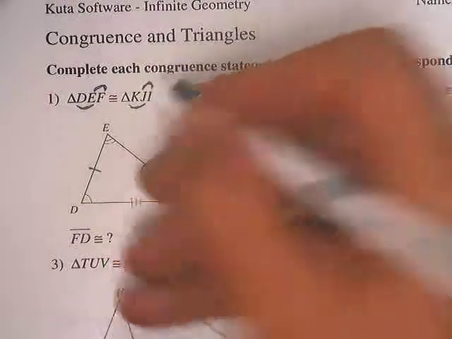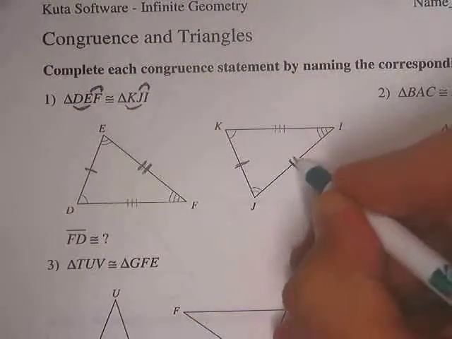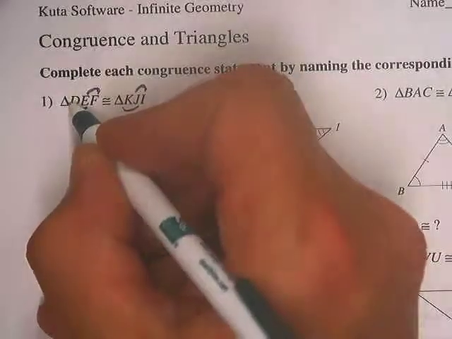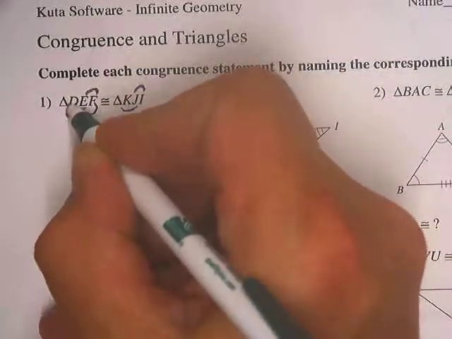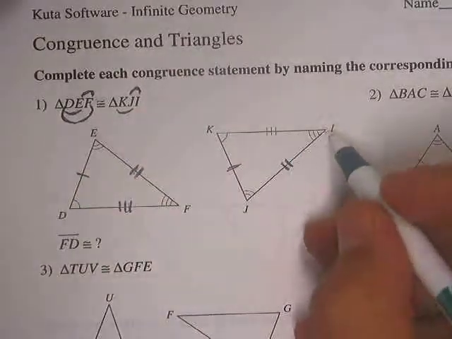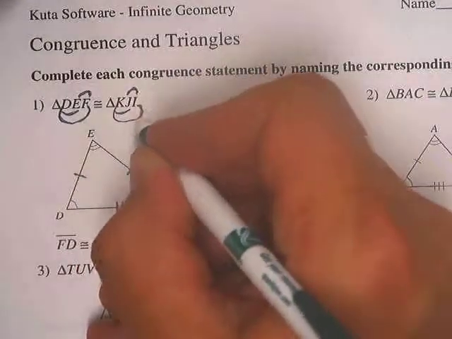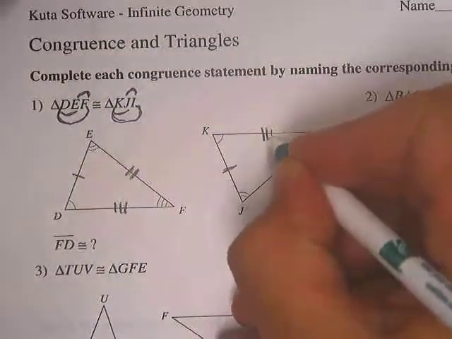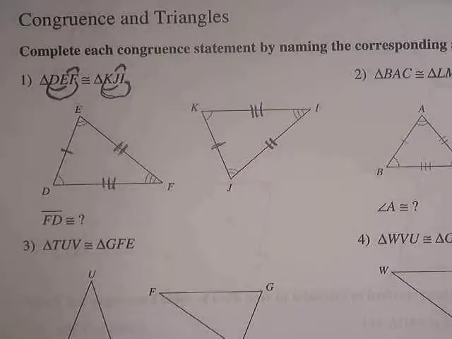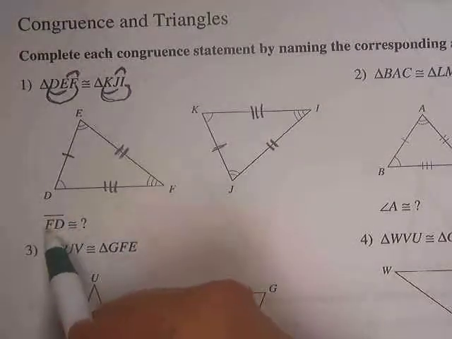See how that's in the next 2 spots? That's congruent to JI in these 2 spots. Then finally, D and F, first and last, is congruent to K and I. Just like that. So those parts are congruent.